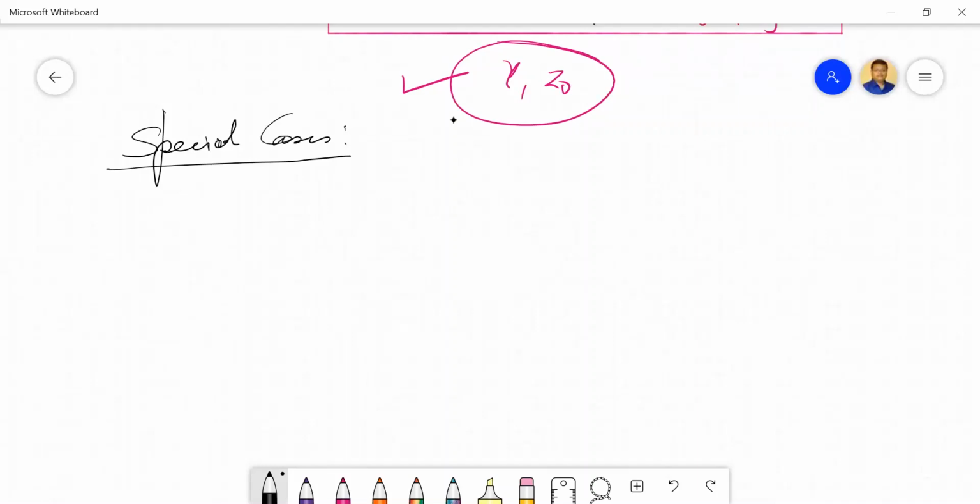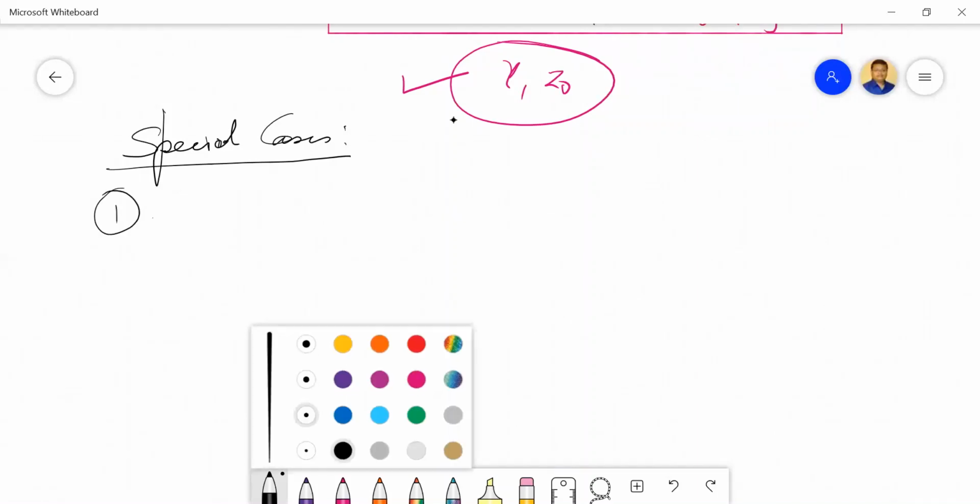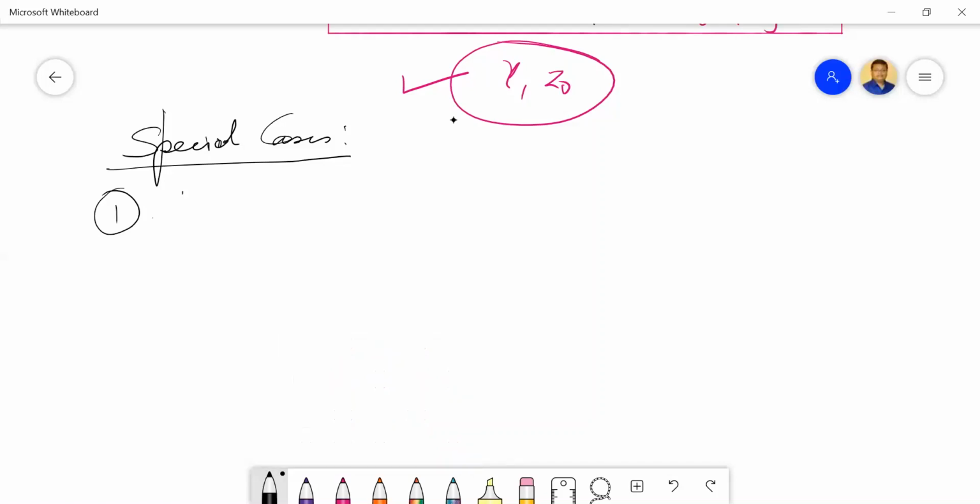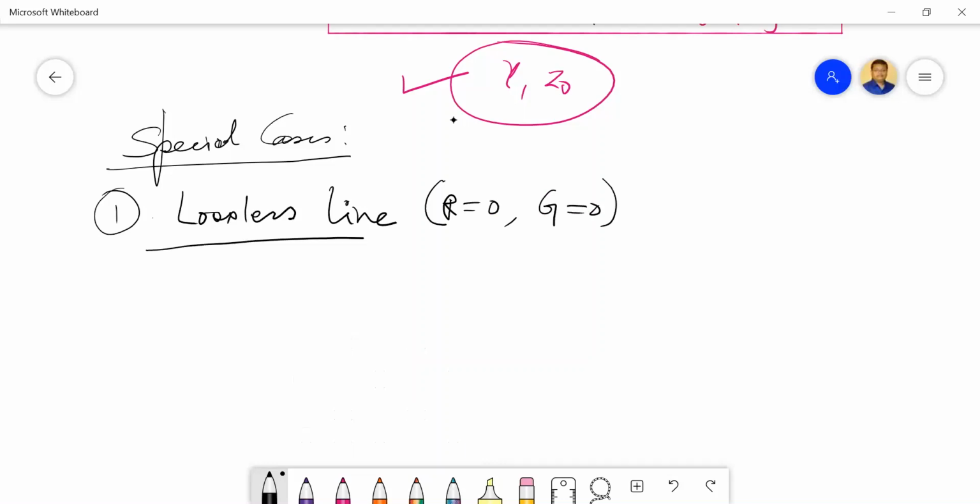So what are these special cases? The first one is the lossless line. That means R is equal to 0 and G is equal to 0. There are no losses, meaning there are no ohmic or dielectric losses.